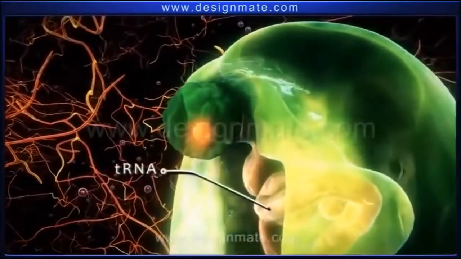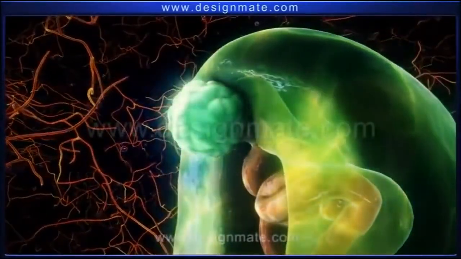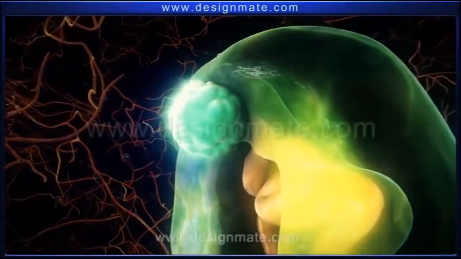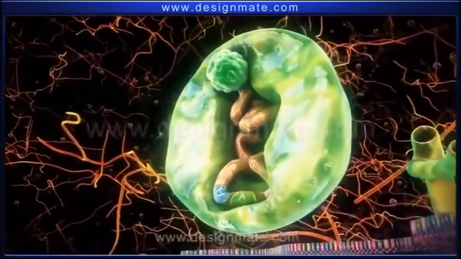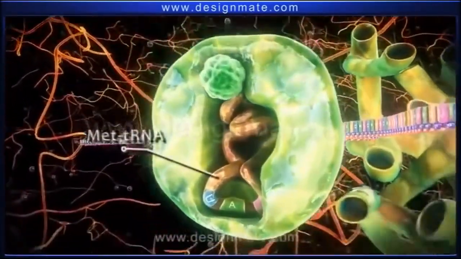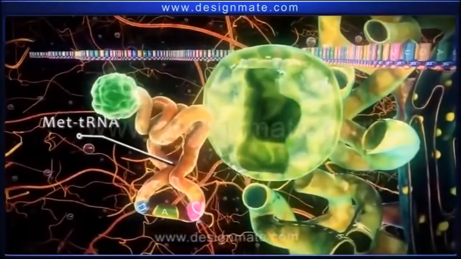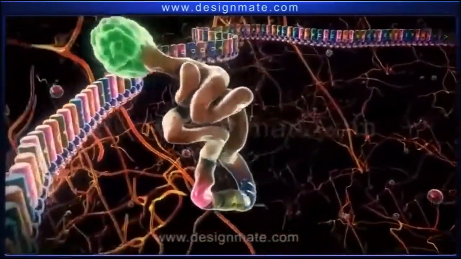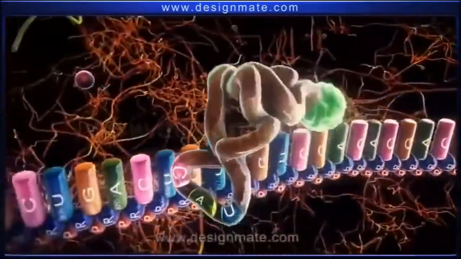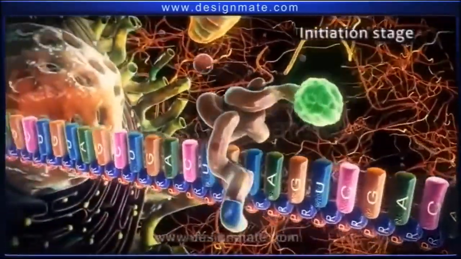Finally, the tRNA and the activated amino acid bind together. This amino-acylated tRNA is known as met-tRNA and is released from the enzyme. This marks the commencement of the first stage of protein synthesis, the initiation stage.